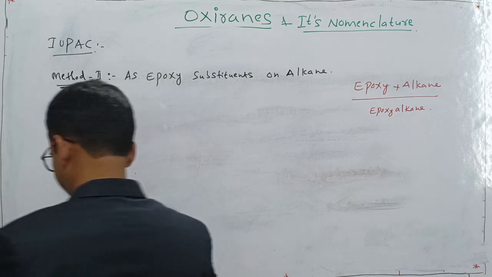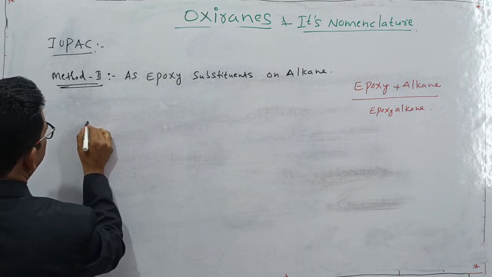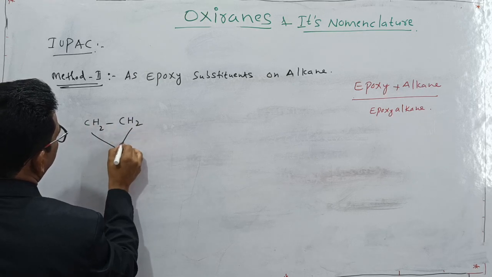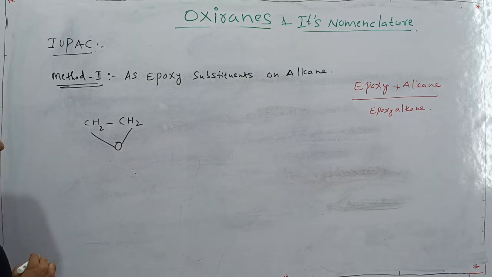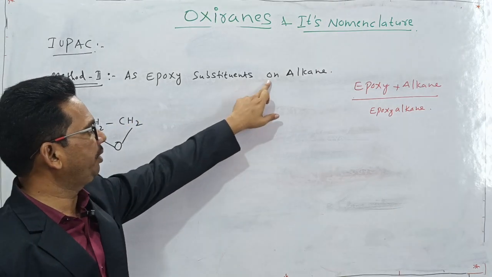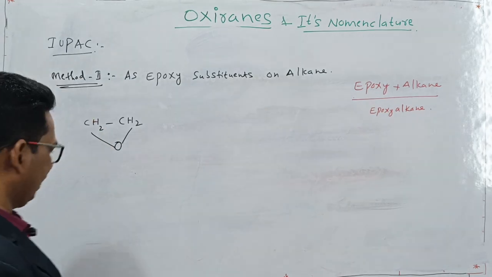For example, according to method 1 it is oxirane, we know that one. Then according to method 2, what is it telling? The epoxy substituent has to be mentioned on the alkane.